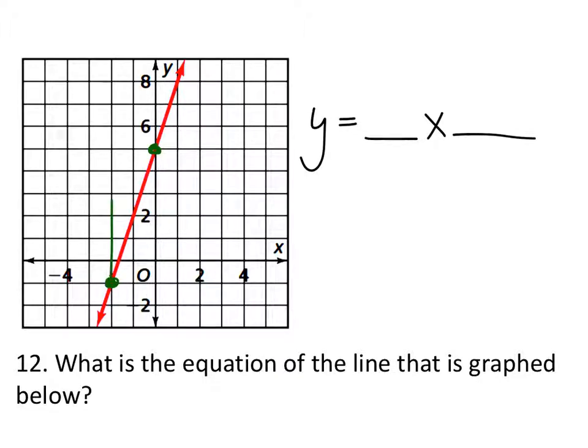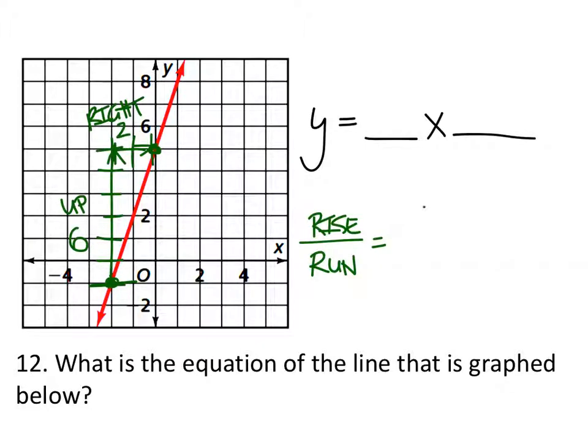So I see that this line goes up and to the right. Well, we've got to figure out how far up it goes, starting from this point: up 1, 2, 3, 4, 5, 6. So it goes up 6, and then to the right, starting here, 1, 2. We have a rise of up 6, and the run is to the right 2, and this simplifies to 3, which is the slope.